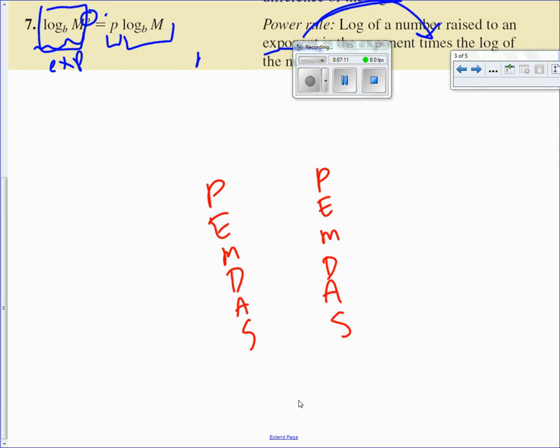If I am multiplying, it is going to turn into addition. If I'm dividing, it's going to turn into subtraction. If I'm doing exponent, it's going to turn into multiplication.